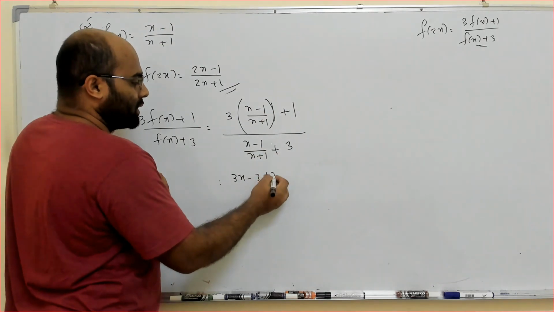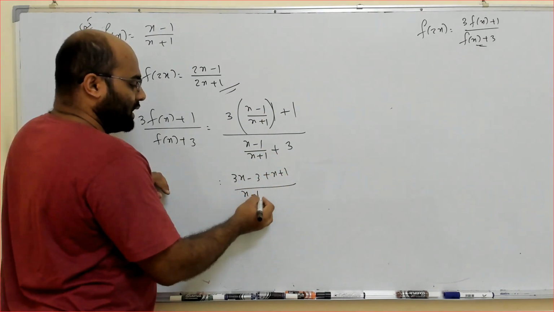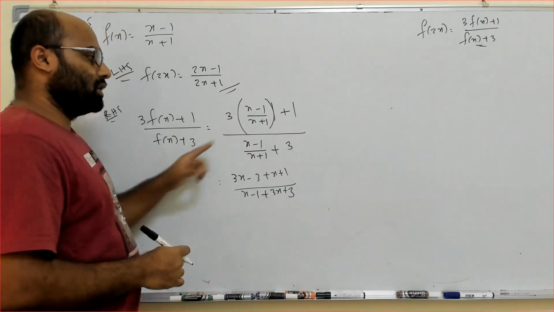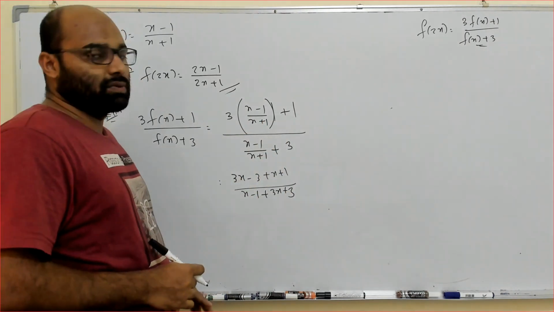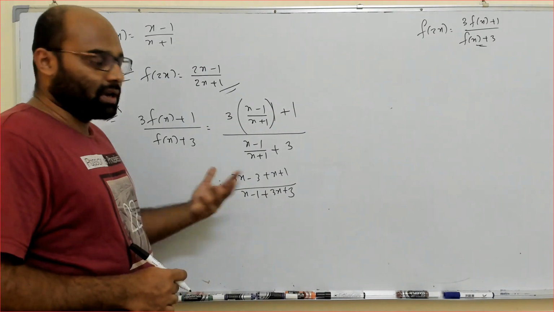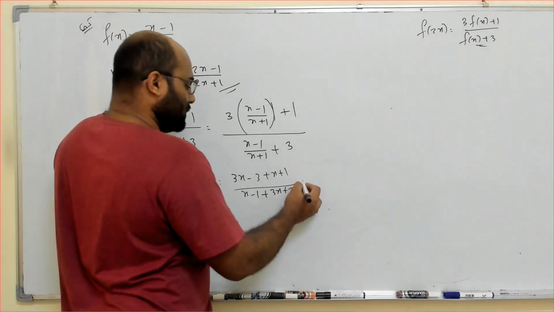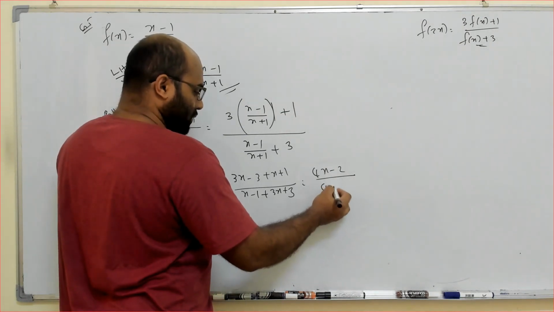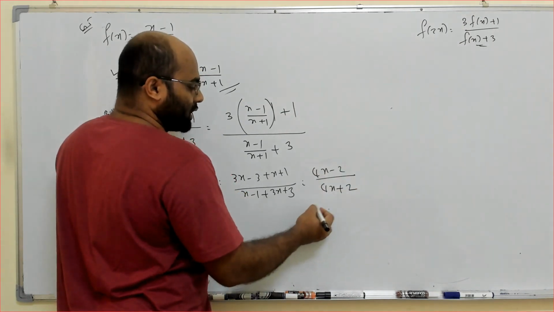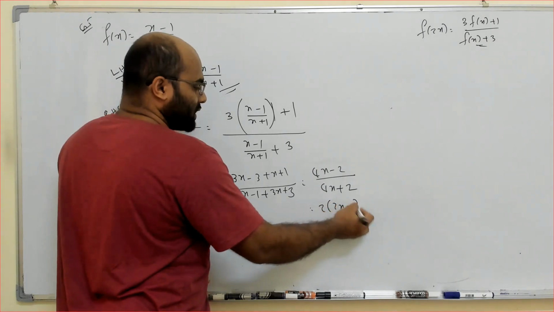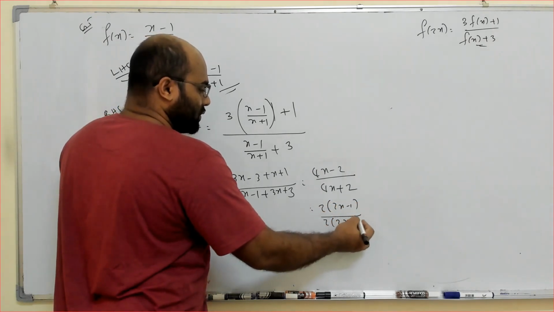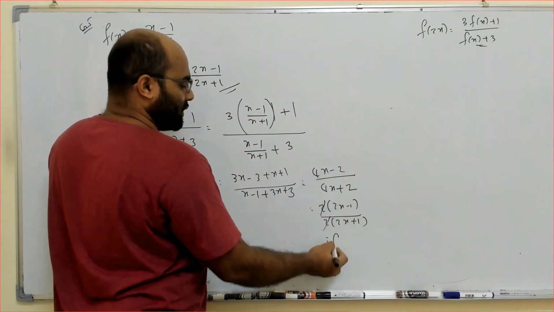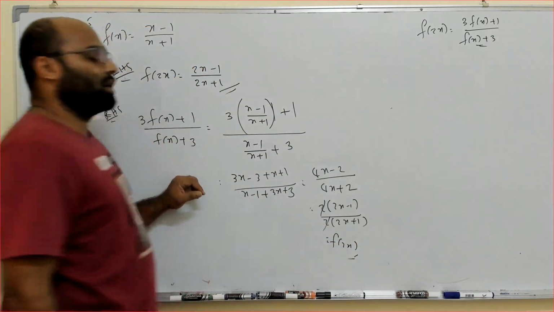And LCM, x plus 1 by x minus 1 plus 3x plus 3. The denominator is there actually, here x plus 1, here also x plus 1. That will get cancelled. I didn't write it every time we wrote it, but in this case I didn't write. So what? 4x minus 2 by 4x plus 2. In the numerator, 2 you can take outside. 2 into 2x minus 1 by 2 into 2x plus 1. Cancelled. That is what? f of 2x.